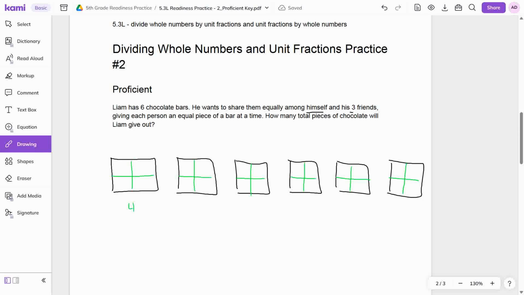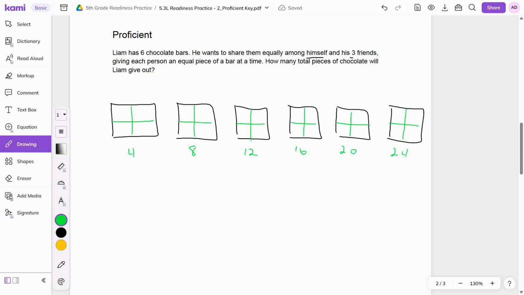Well, look, I've got 4, 8, 12, 16, 20, and then 24. So we can say Liam will give out 24 pieces.